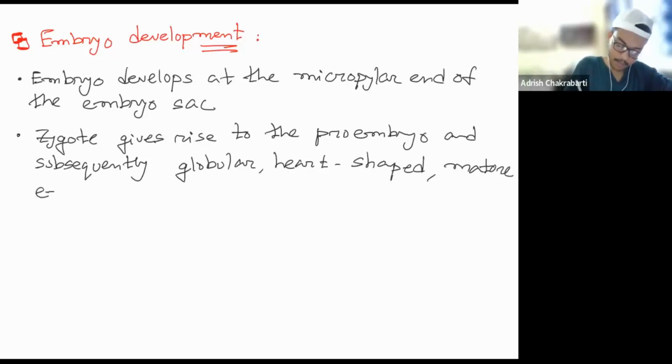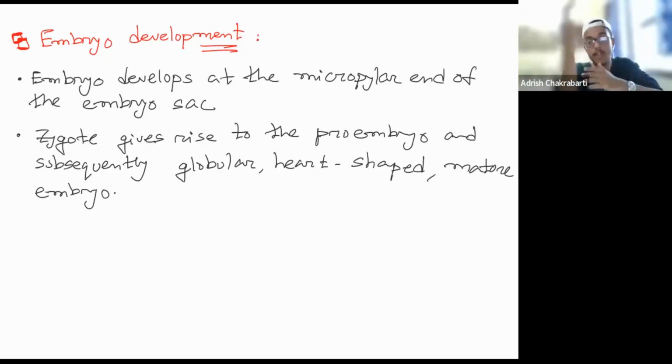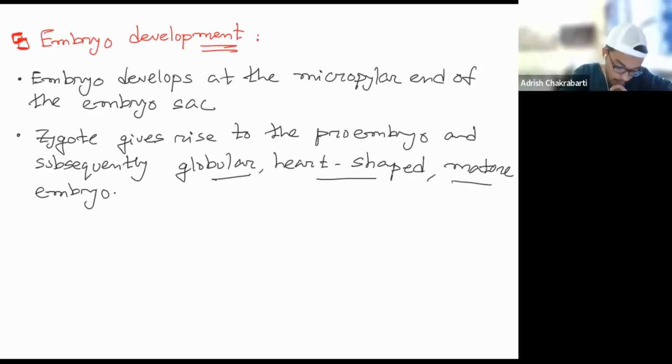This is very elementary stuff. The zygote develops into the embryo, the PEN develops into the endosperm. So the zygote gives rise to the proembryo, and this proembryo develops into the embryo, and we have some adjectives given for the embryo: globular, heart-shaped, and mature. So now let's get to the mechanism.